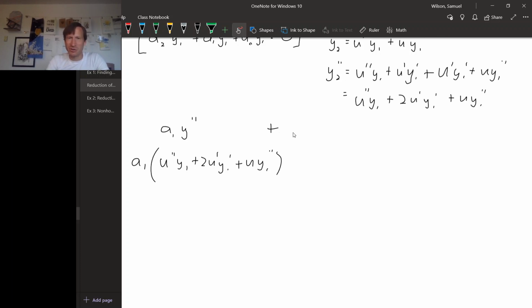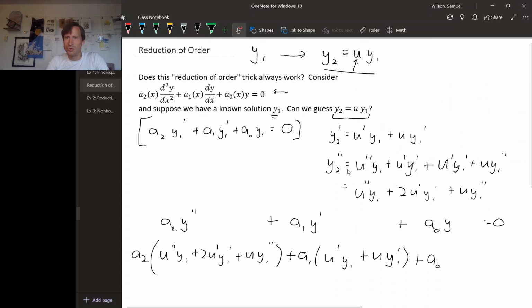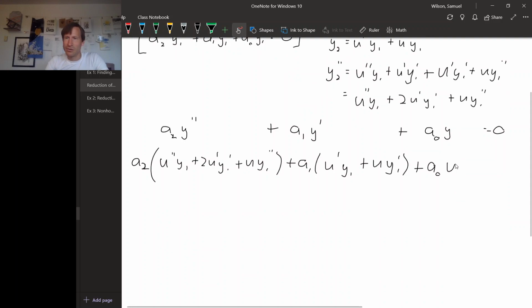The next piece of the differential equation was a sub 1 times y prime. So a sub 1 times the first derivative of y sub 2, which is up here. So that's u prime y1 plus u y1 prime. And then the last part was a sub 0 times y equals 0. So plus a sub 0 times, we're plugging in y sub 2, which is u times y1. So u times y1 equals 0.